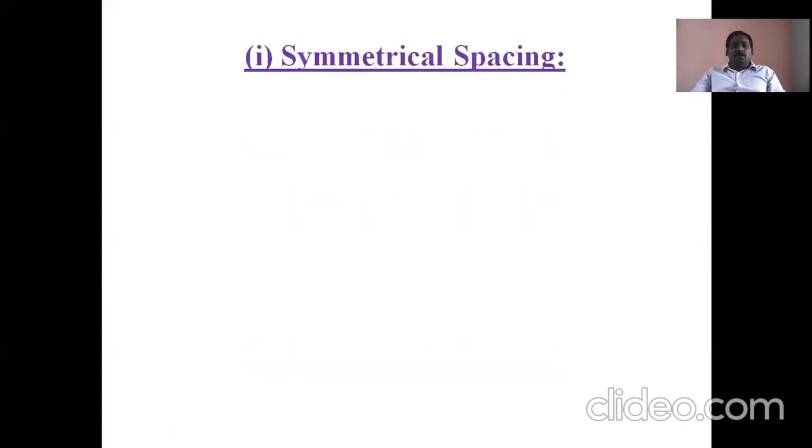So what happens if the conductors have equal spacing and unequal spacing? First, symmetrical spacing. Symmetrical spacing means equal spacing, which means d1 is equal to d2 is equal to d3.